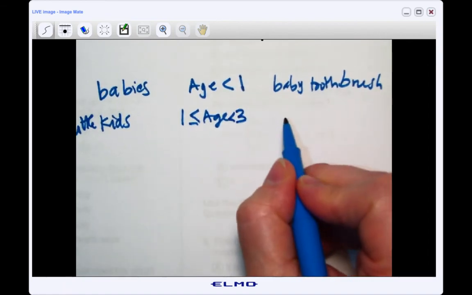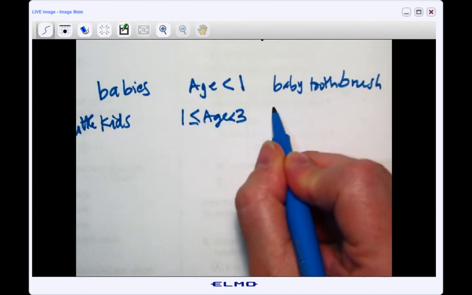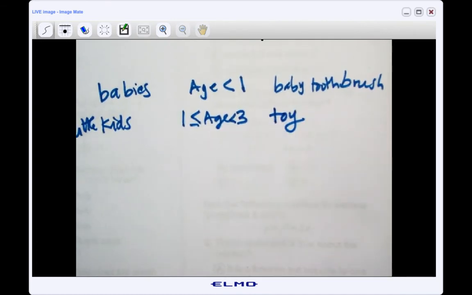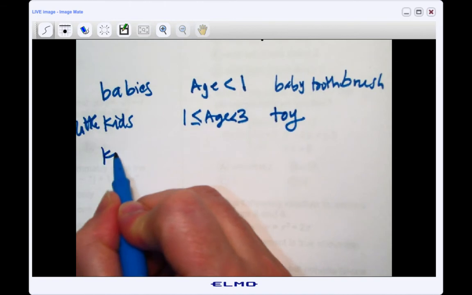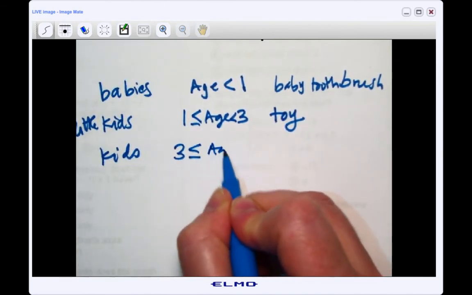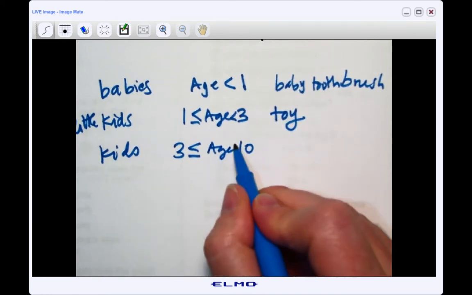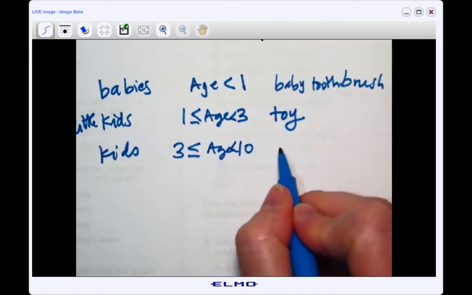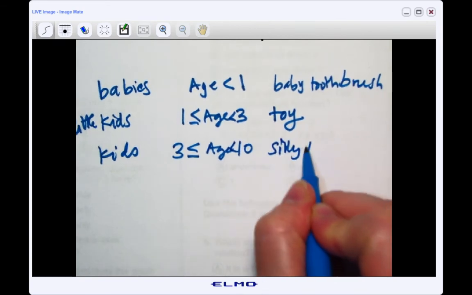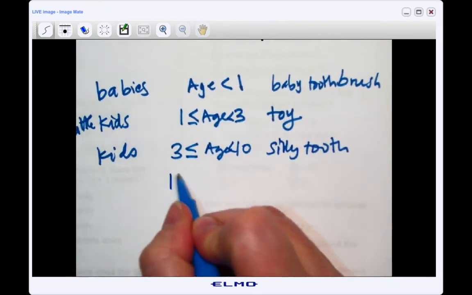So they're going to get a toy of some sort. Okay. And then we have bigger kids that are from 3 to 10. And they're going to get a silly toothbrush. So, it has a Disney character on it or something. And then anybody 10 or higher.